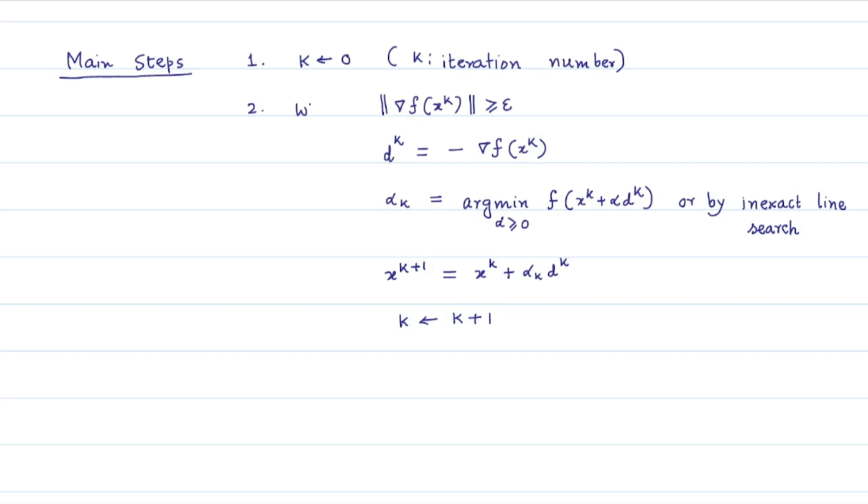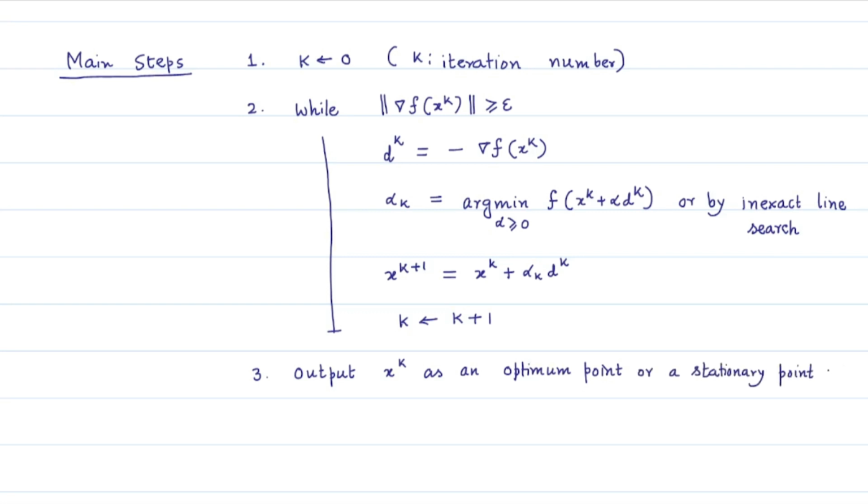So while the norm of gradient of f(xk) is greater than or equal to epsilon, you execute all these steps, and at the end of this while loop we get the output as the point xk, which is possibly an optimum point or a stationary point of the function f.